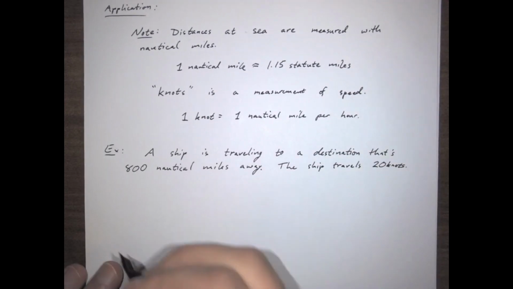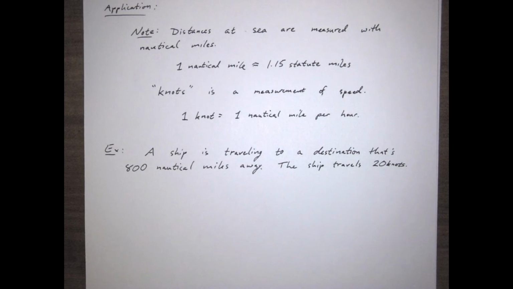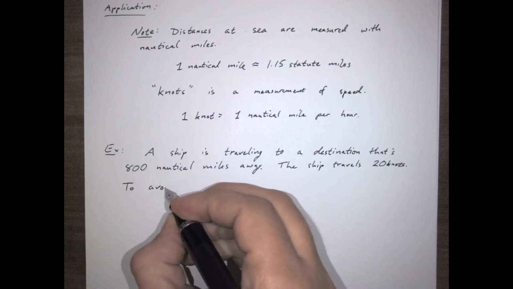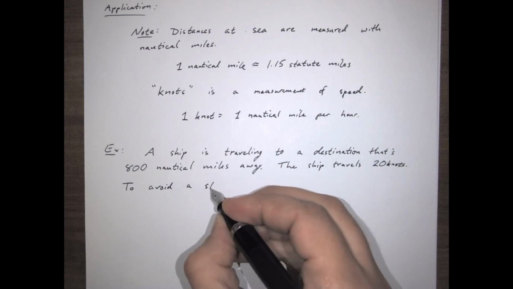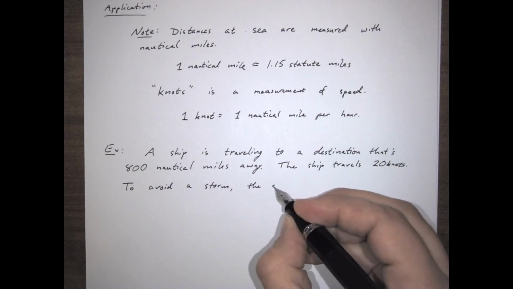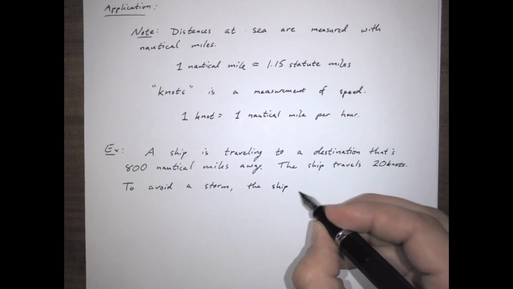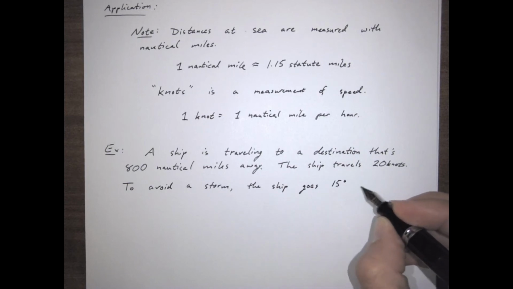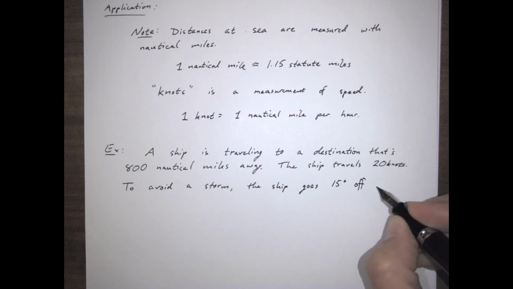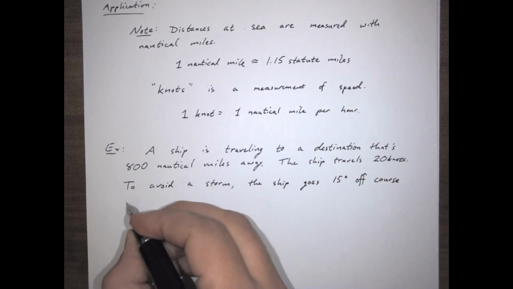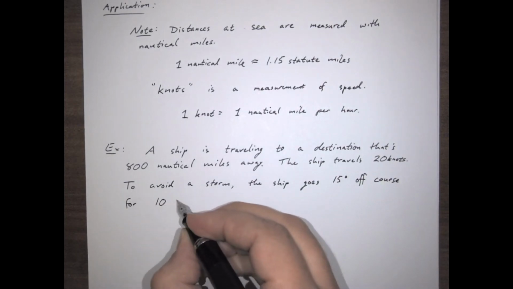All right, now here's the situation. In order to avoid a storm, the ship goes off course by 15 degrees. The ship goes 15 degrees off course for 10 hours.